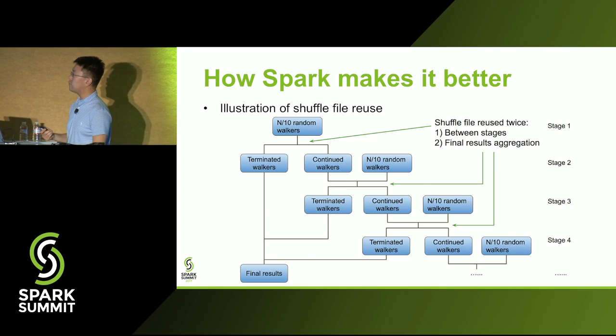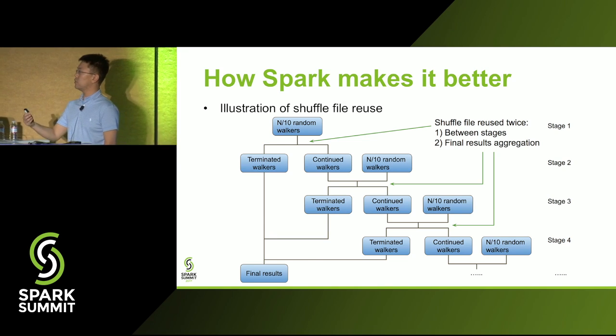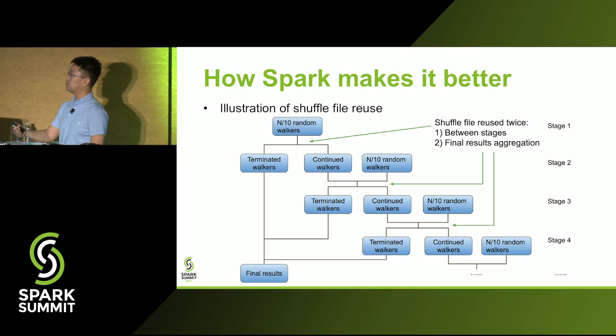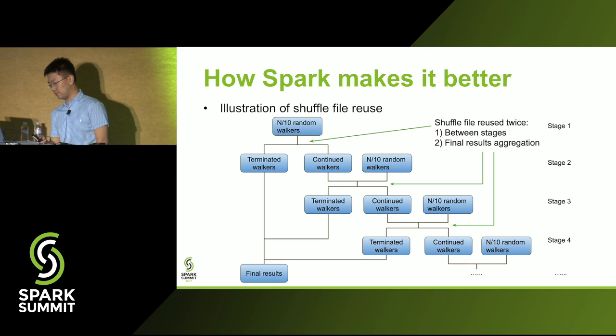The Spark shuffle file management mechanism will keep all those shuffle files until the application finishes. So this enables us to efficiently reuse those shuffle files twice. Once between the stages, in order to send the continued random workers to the next stage, and once towards the very end, when we're aggregating all the terminated random workers to form the final results.